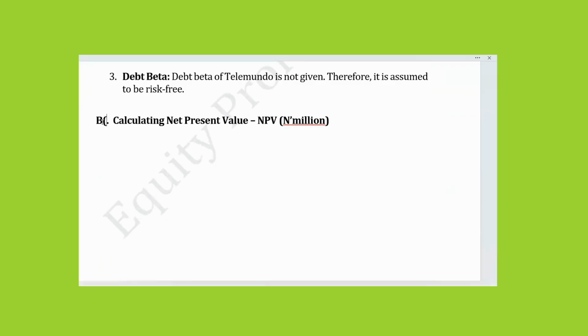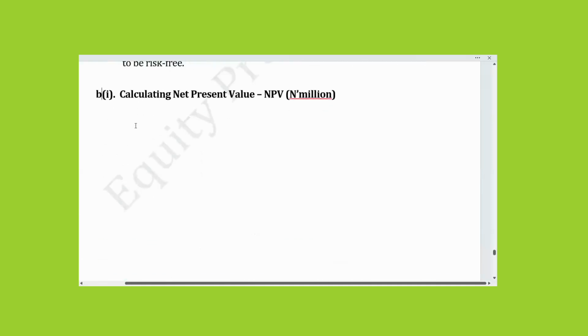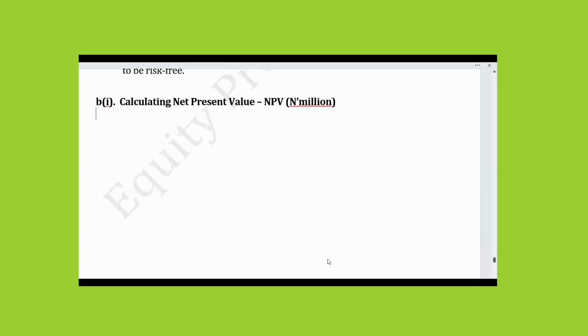Of course, if you are the one solving this on the day of your exam, by now you would have moved to question number 3. I trust you. Now, I want to create my table for calculating NPV. Remember, you have a format for calculating NPV.